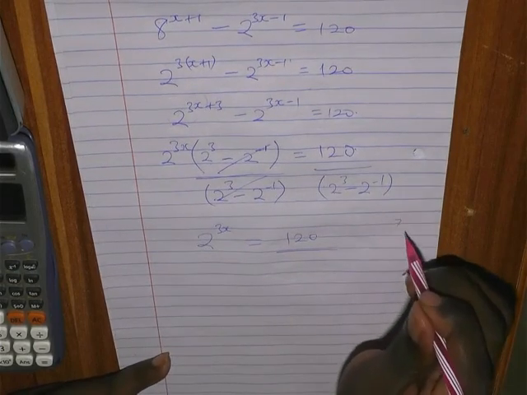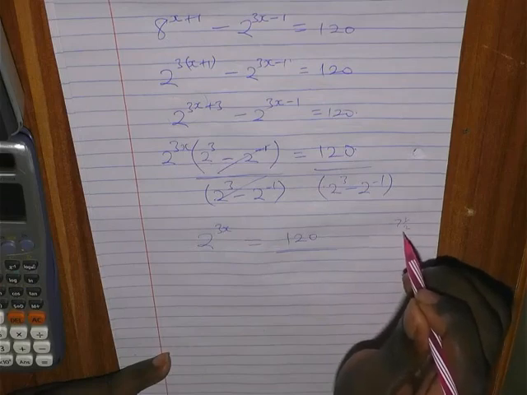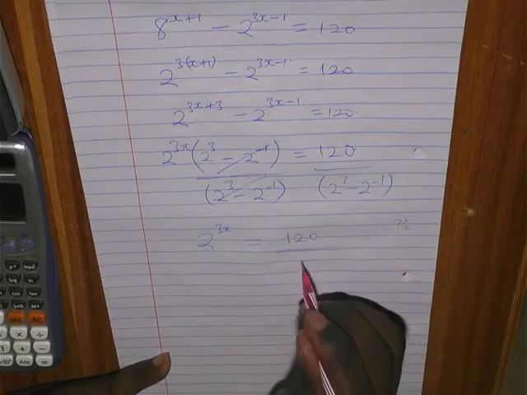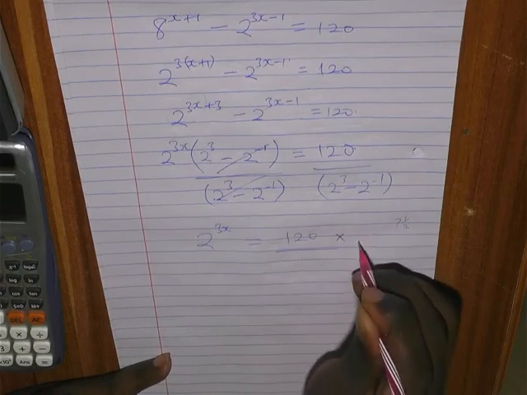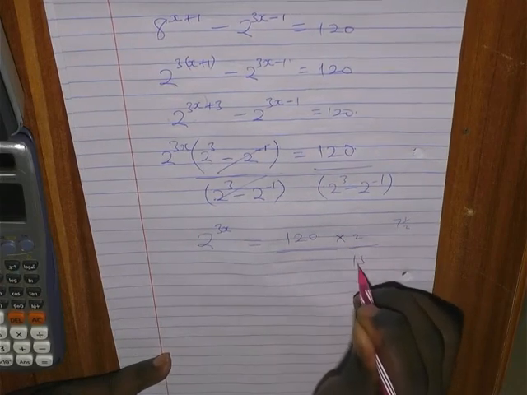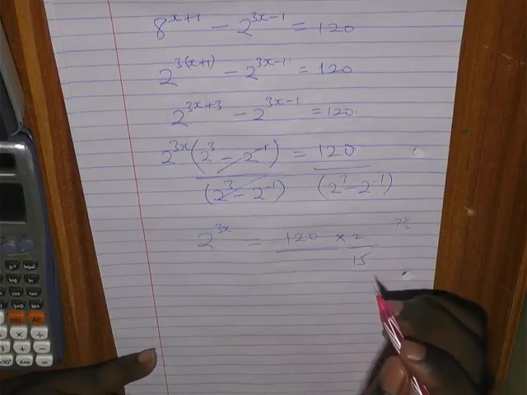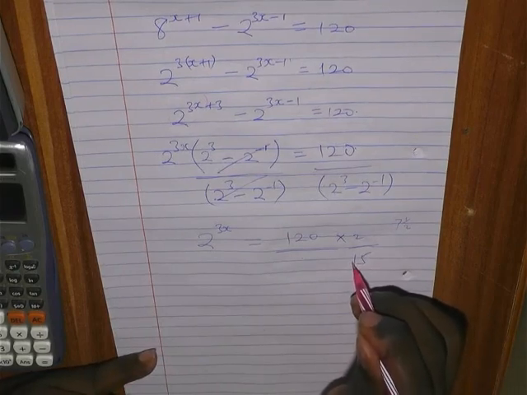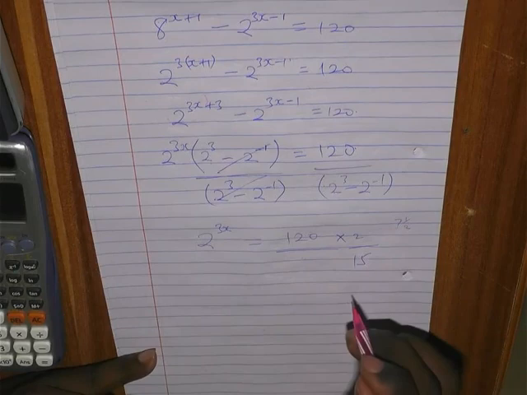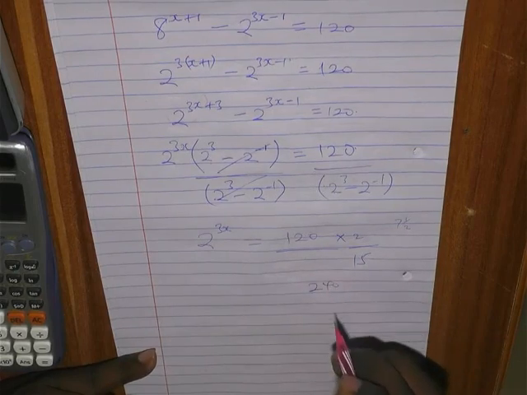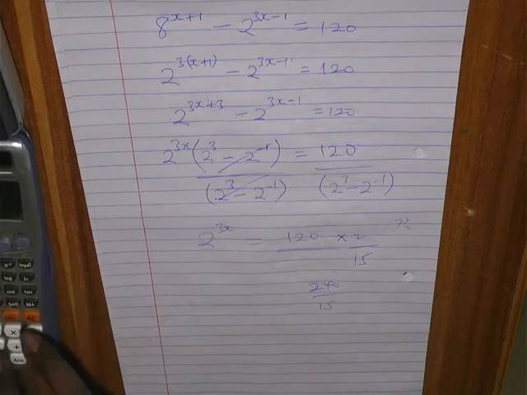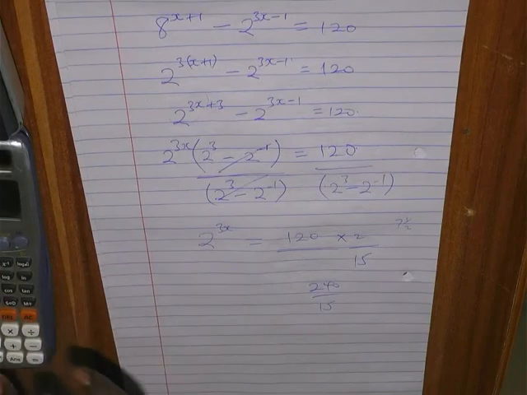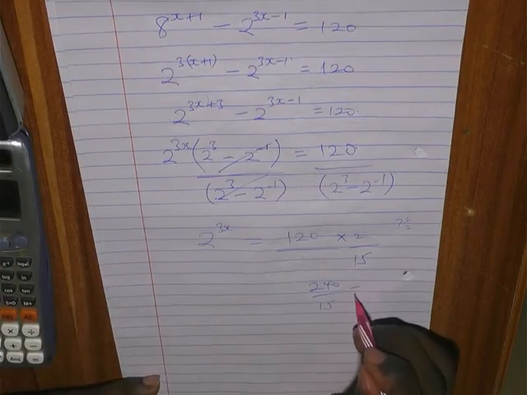That's 15 over 2. So it's the same as writing multiply by 2 over 15. So 240 divided by 15. Let's see what that gives us. Gives us 16.